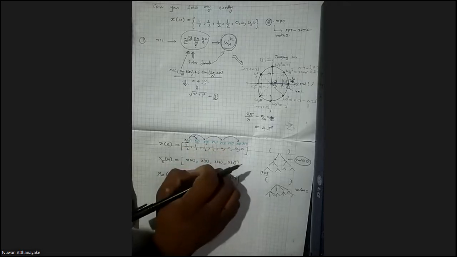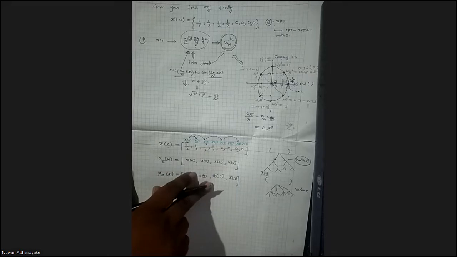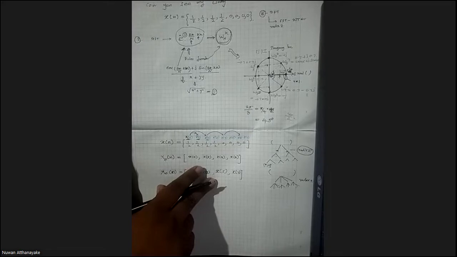Otherwise, your grouping will be wrong. Is it clear for you? After this, please go through that lecture also. I think that explanation is clearer than mine, so you better go through that one also.